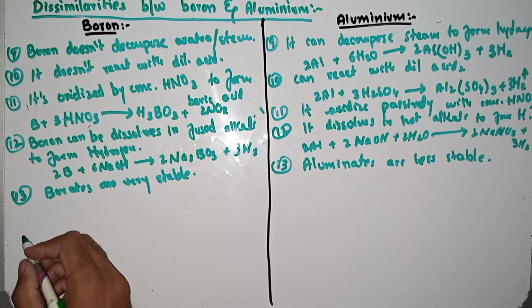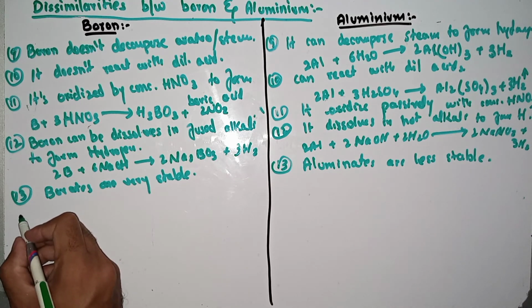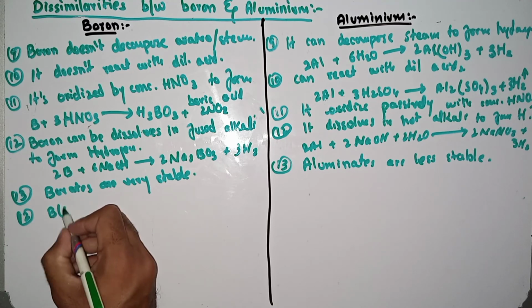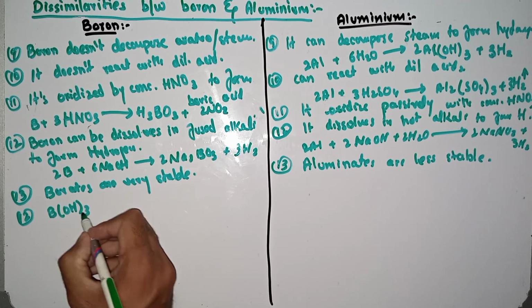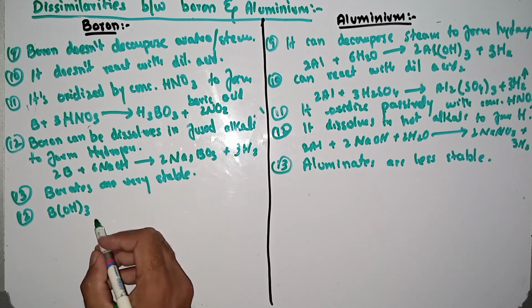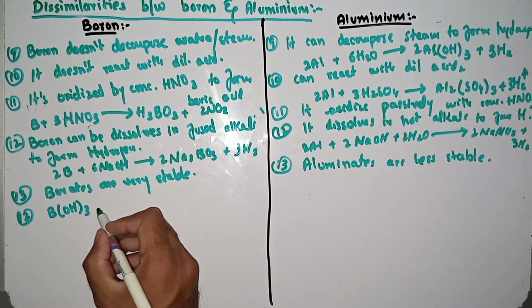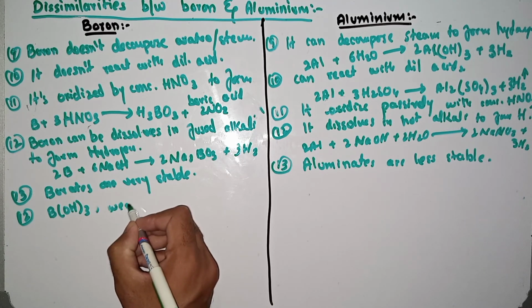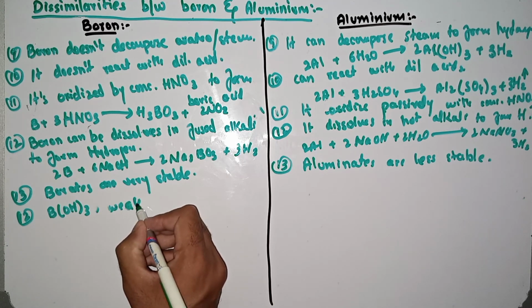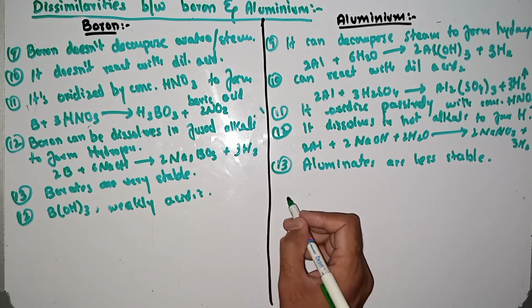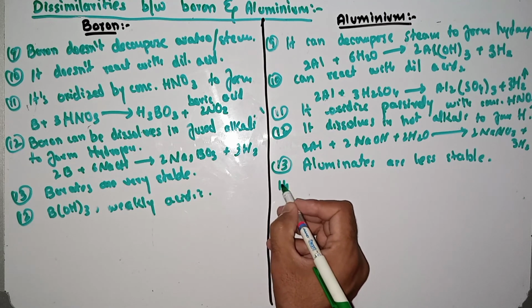And also, boron hydroxide, B(OH)3, is weakly acidic, while Al(OH)3 is amphoteric.